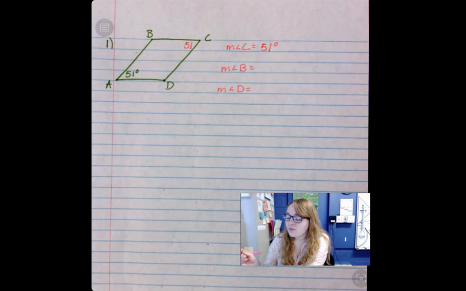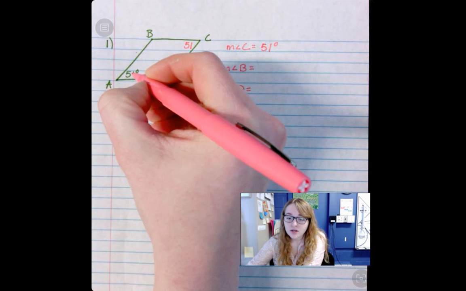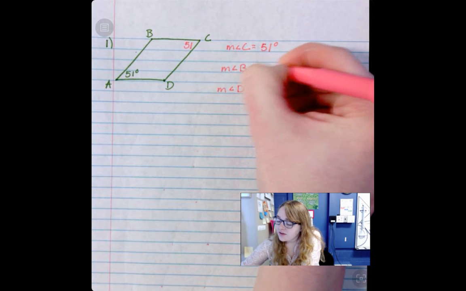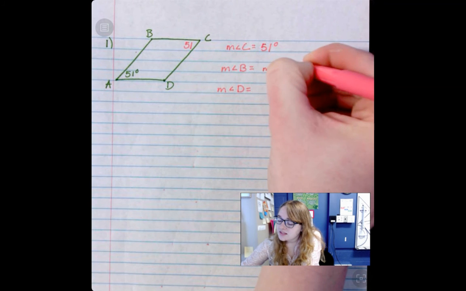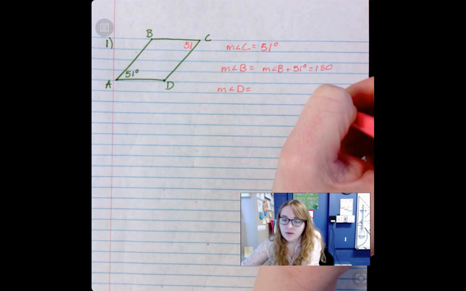Okay? And then we want to find angle B and angle D. Based on our fourth super cool rule, remember that consecutive angles are supplementary, or they add to 180. So we could say that the measure of angle B plus that 51 degrees is equal to 180.